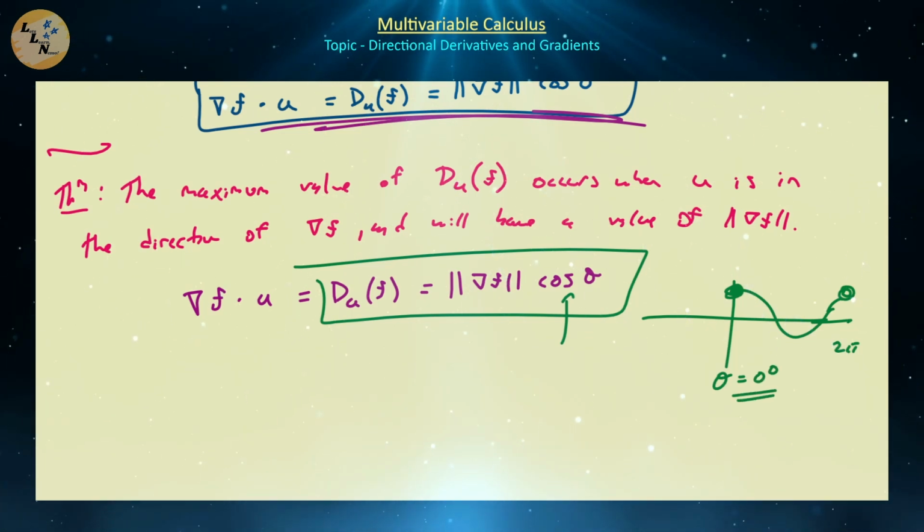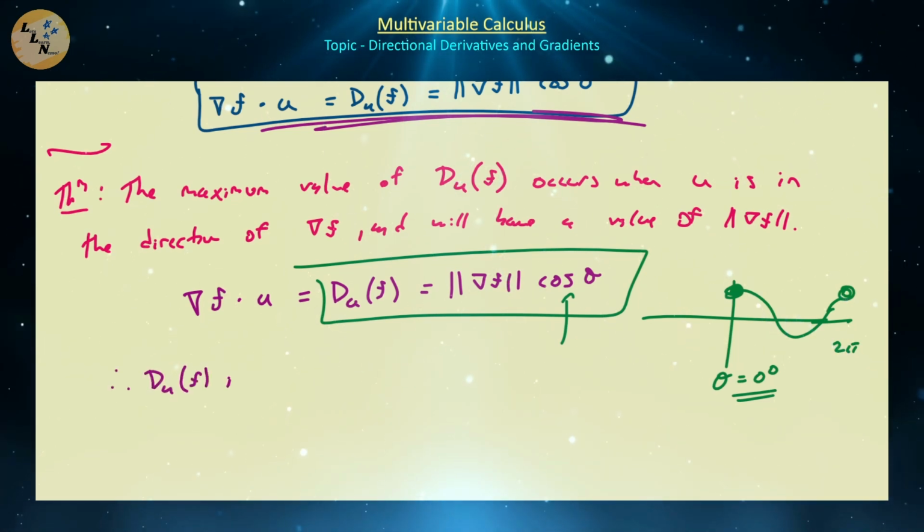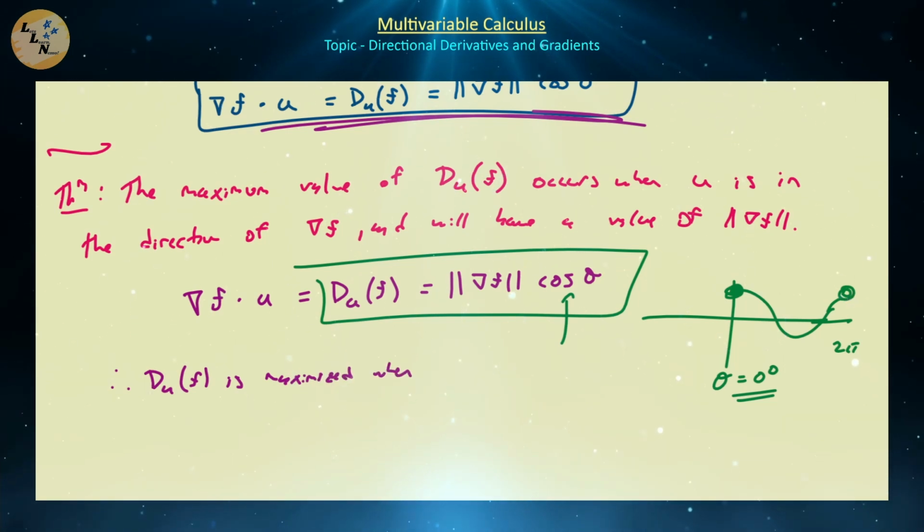So D_u f is maximized when theta is equal to 0 degrees.